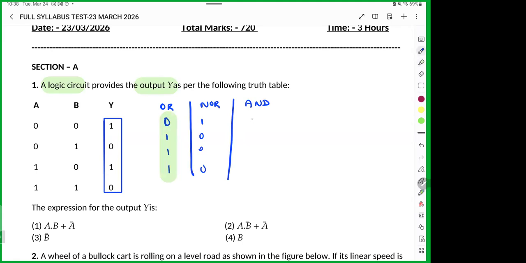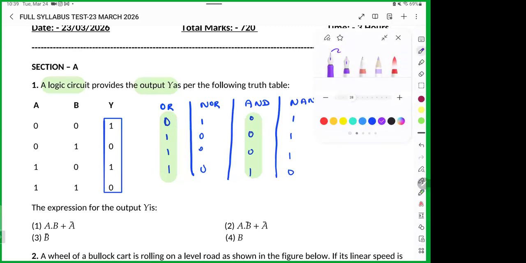AND gate is 0 0 0 1, and NAND gate is the opposite of this, 1 1 1 0. Now it is not matching with any of them. So it cannot be these. Come to the conclusion of how to correlate.